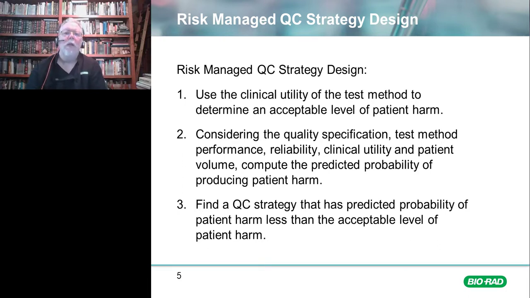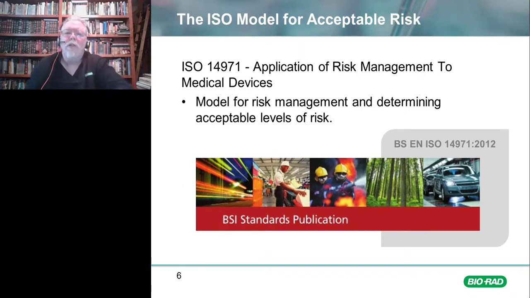So this relies on the ISO model for acceptable risk. ISO standard 14971, the application of risk management to medical devices, presents a model for risk management and determining what is an acceptable level of risk.